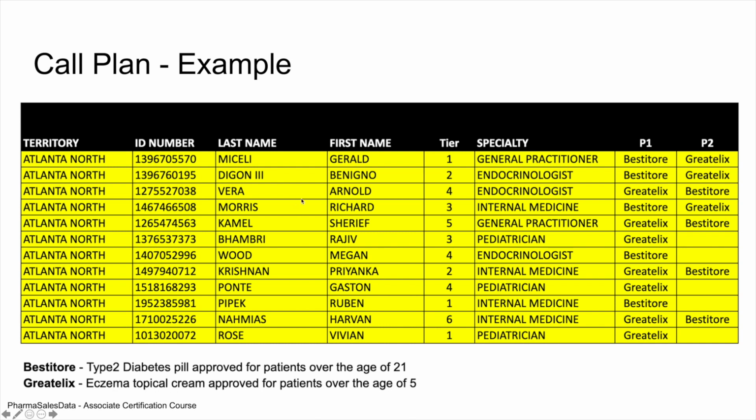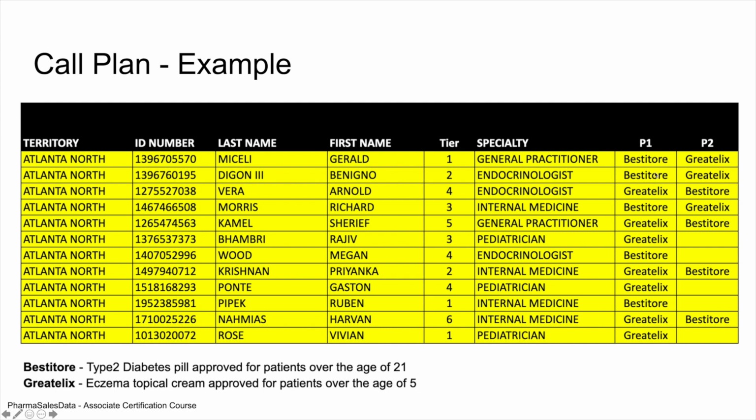So let's look at your target list and your call plan. It looks like you have general practitioners, endocrinologists, HCPs that practice internal medicine, and pediatricians on your target list, which is totally fine for the two products you're promoting. General practitioners, endocrinologists, and internal medicine HCPs will see patients across a range of ages.